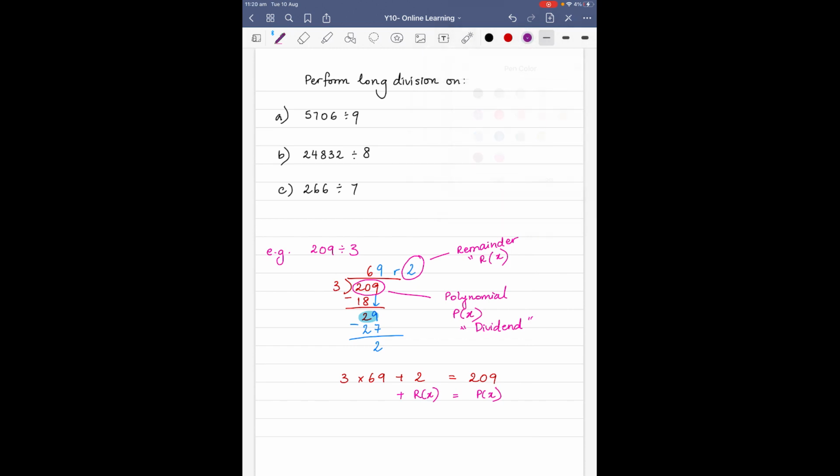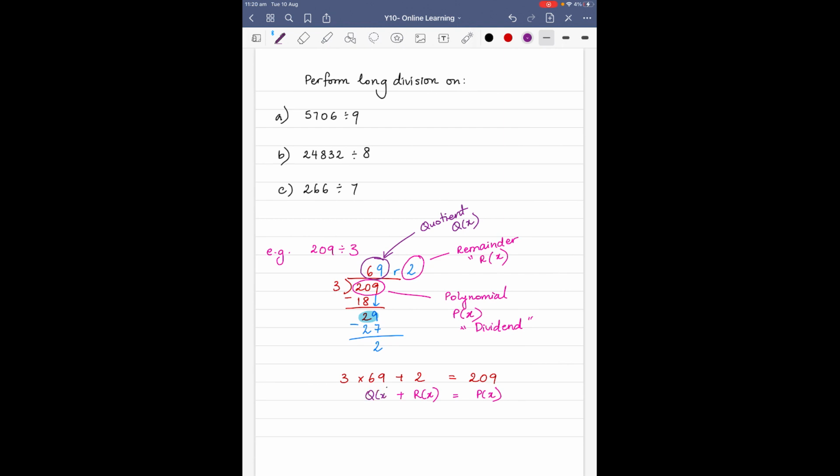This one here, 69, is your answer, technically. Quotient means divide. To find the answer, we call this the quotient. And the abbreviation of quotient is Qx, because it starts with Q.